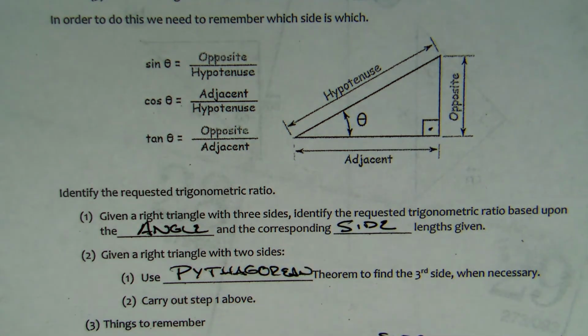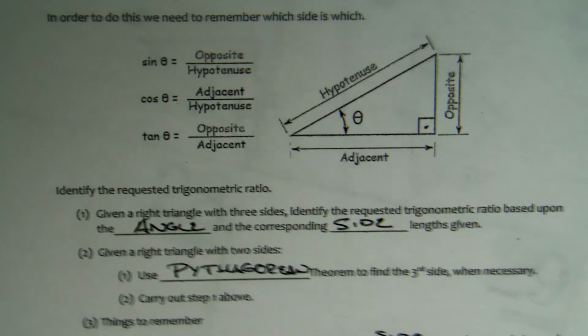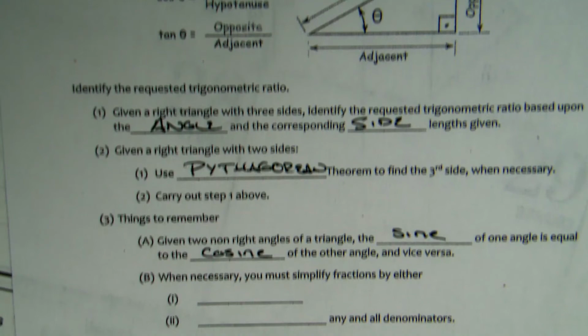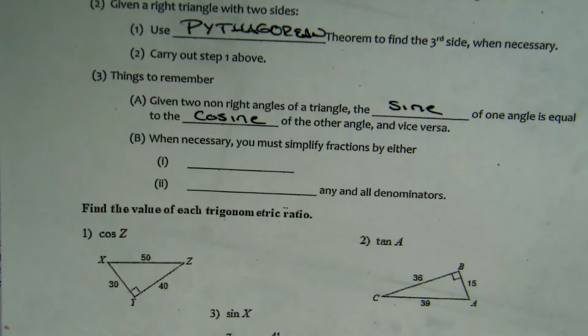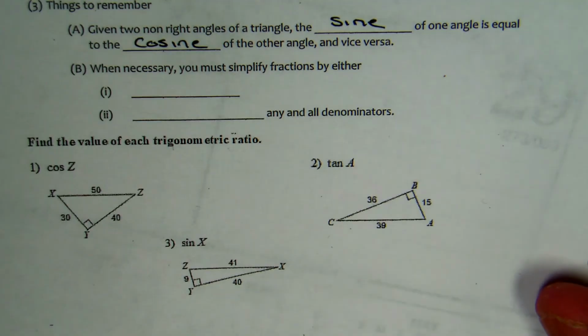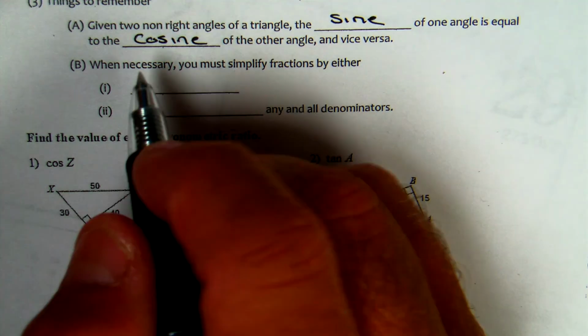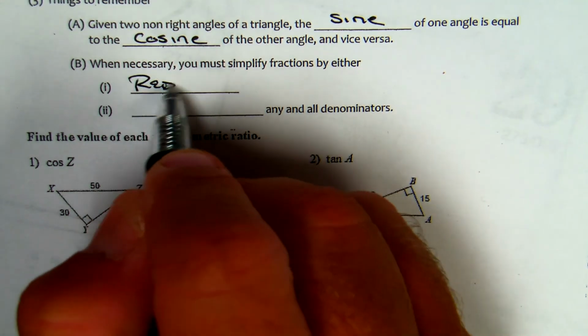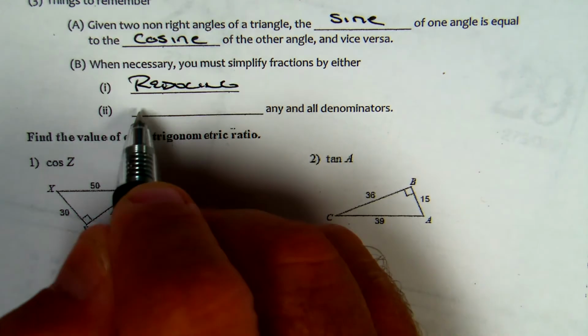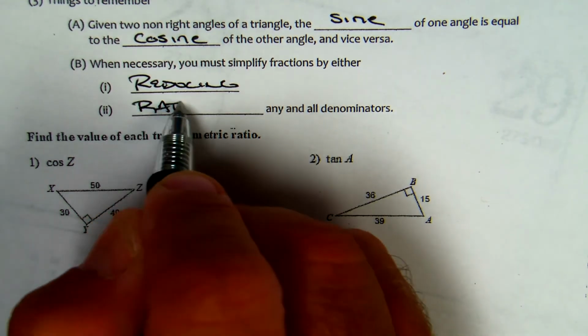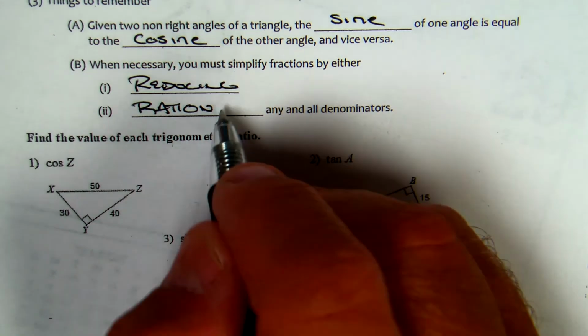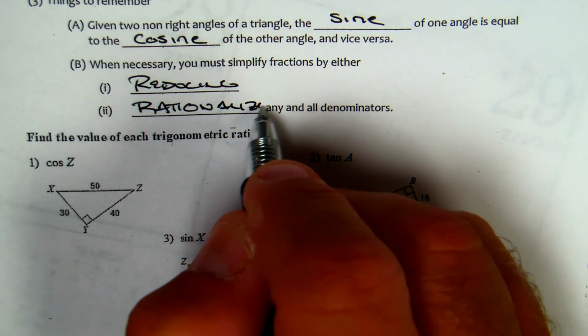So if you use different angles, you're going to get different answers. However, when we find side lengths later, that is possible. When necessary, you must simplify fractions by either reducing or rationalizing any and all denominators. That's why we did that in the review.